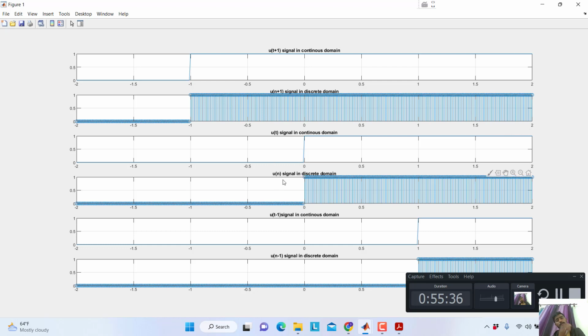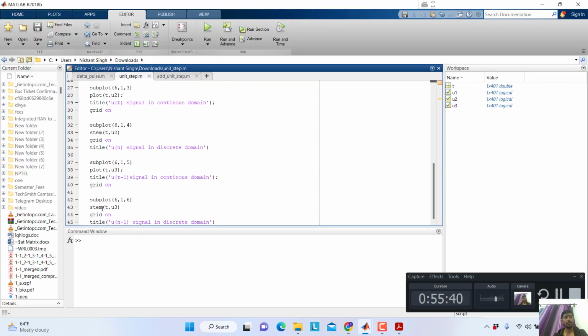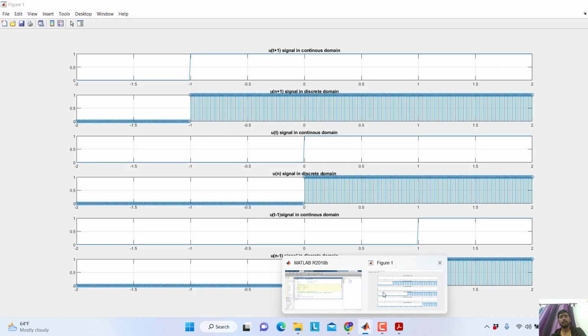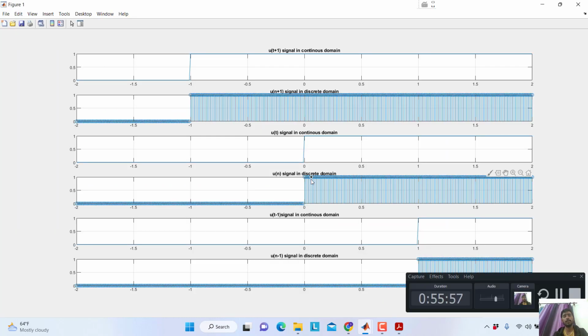To generate u[n] in the discrete domain we use the stem function, as you can see in the MATLAB code.